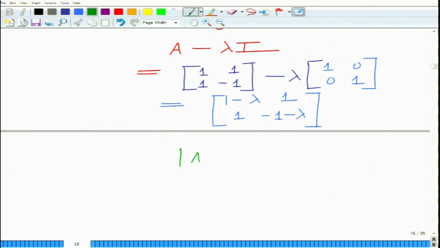Now, the determinant of A minus lambda I equals 0.